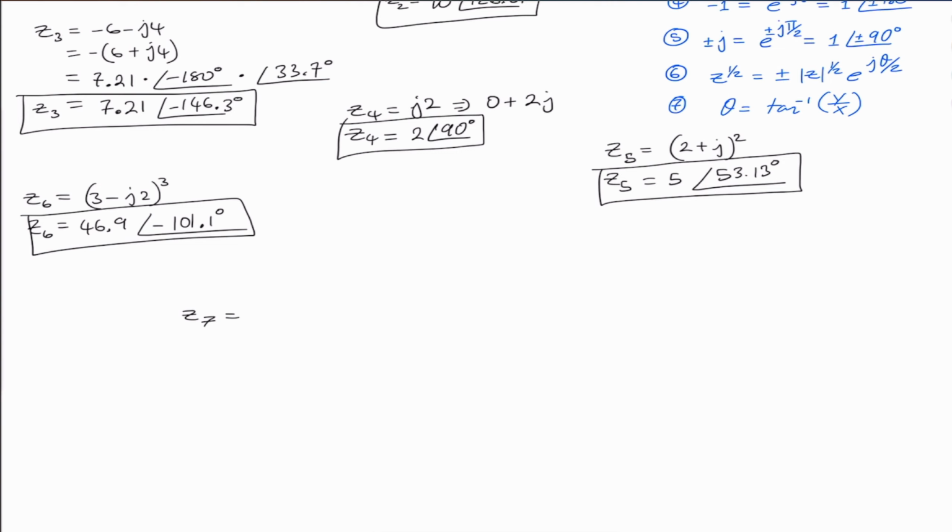Z7 is equal to, I forgot that, minus 1 plus j to the power half. So that is negative 1 plus j to the half. We can do all of that and then keep the half.